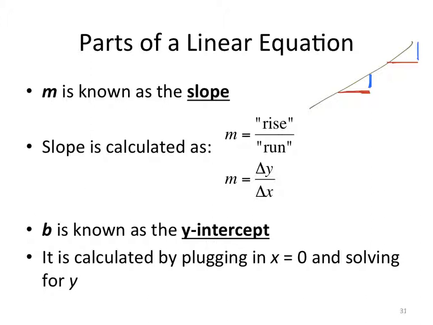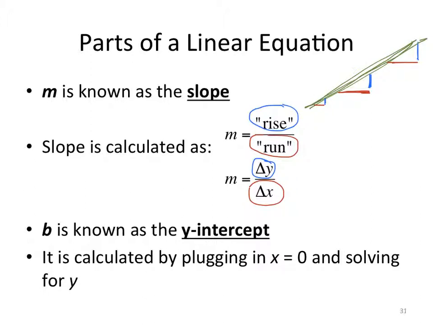Whether you make a big x or a small x, a big y or a small y, it's always going to be the same relationship. That rise over the run, or the change in y over change in x, is always going to be the same, because that line, if I drew it straight enough, is not changing its slope. Its slope is constant. All right?